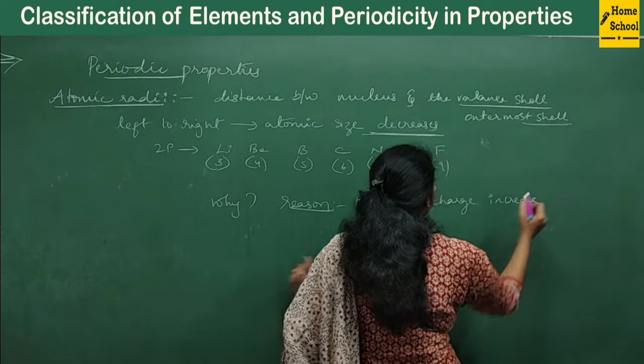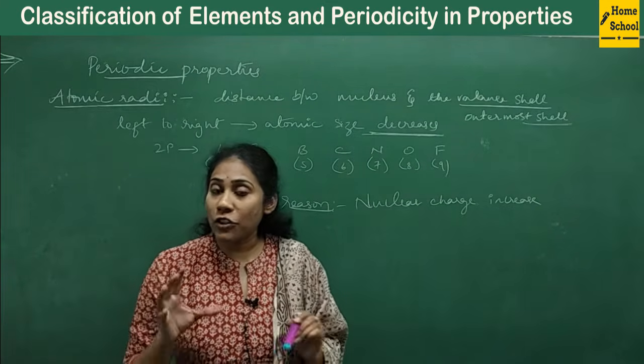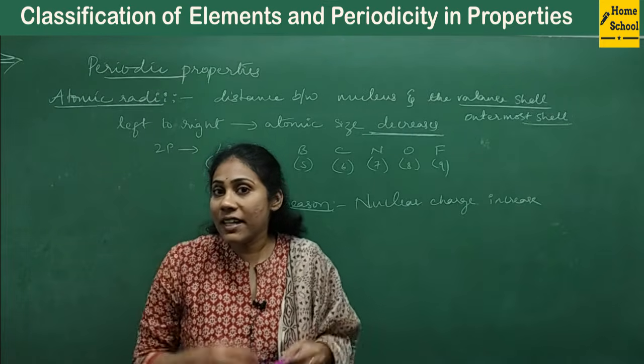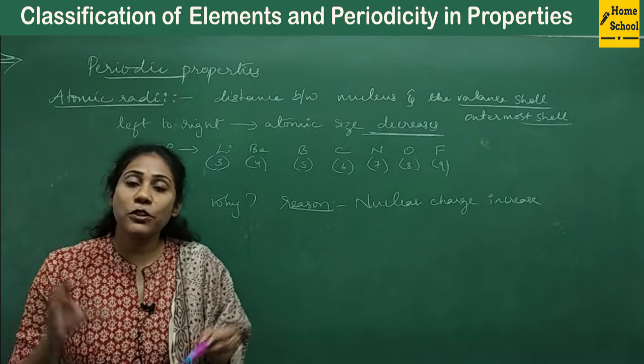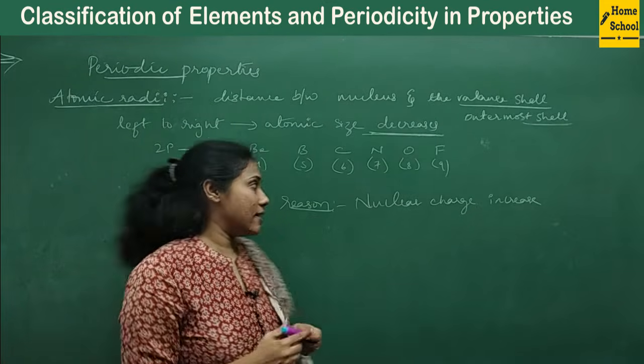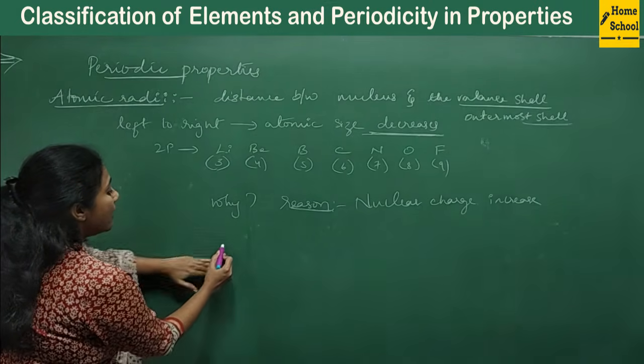What do you mean by nuclear charge? It is the total positive charge of an atom. Which particles are responsible for positive charge? Protons. Where are the protons present? Inside the nucleus. Let us see. In case of lithium, say this is the nucleus.